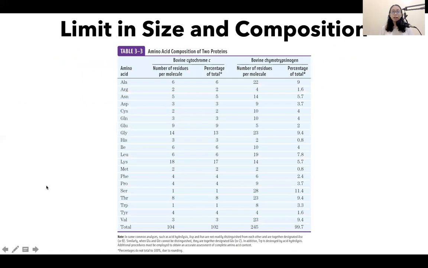Meanwhile, if we look at the amino acid composition of your proteins, taking these two as representatives, we have cytochrome C and chymotrypsinogen, both from bovine sources. We see that you don't have an equal distribution of your amino acids. In fact, some amino acids have a very small percentage in the composition of the whole protein.